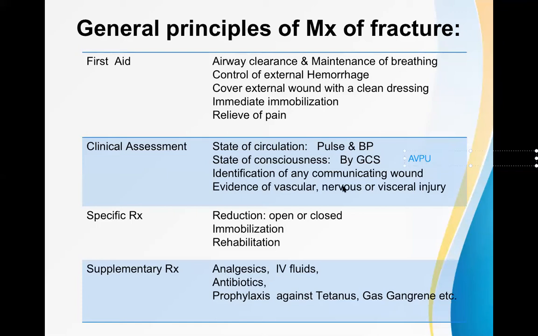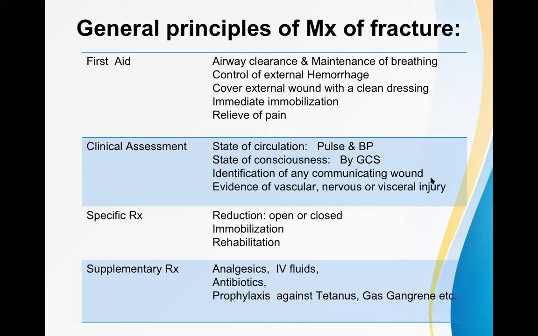Another is identification of any communicating wound, whether it is there or not. Now, a communicating wound is also known as a compound fracture. That's what we are talking about right now. If a compound fracture is there, and if we have failed to identify it, there is a high chance of infection in that particular site.